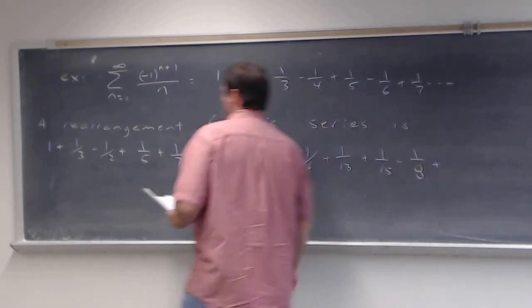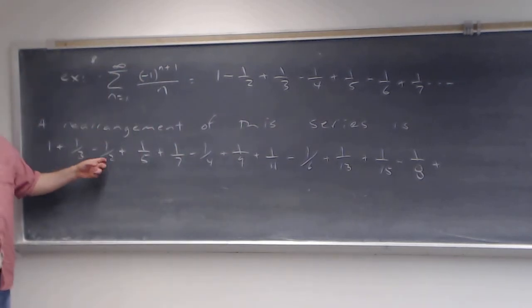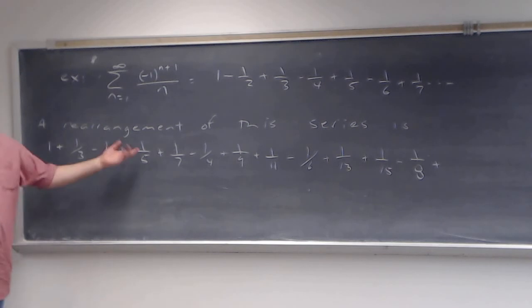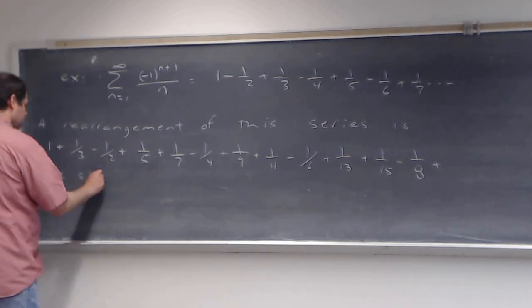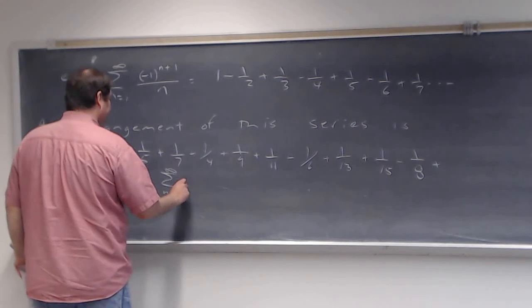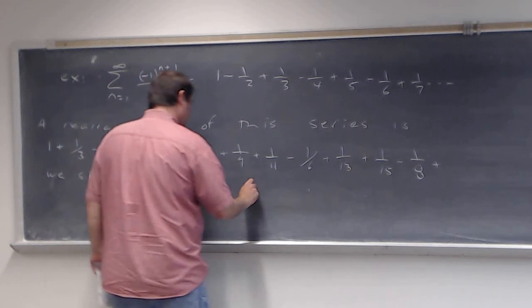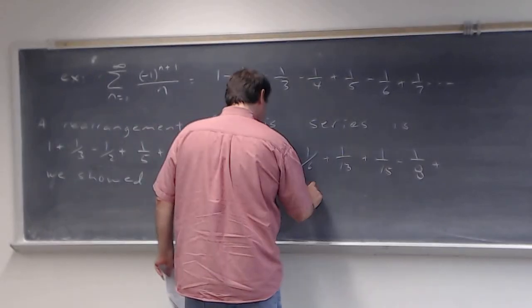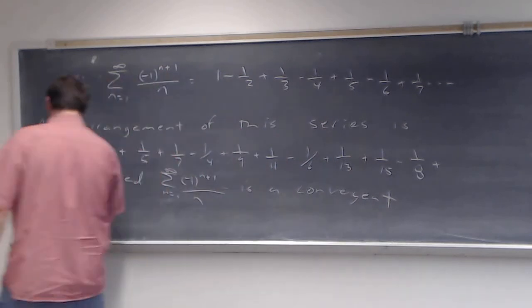What we're doing is we have two positive terms followed by a negative term, and that's the way we consistently go throughout this rearrangement of the above series. Now, we showed this series in this form is a convergent alternating series.